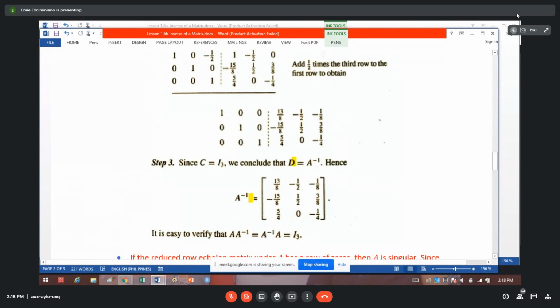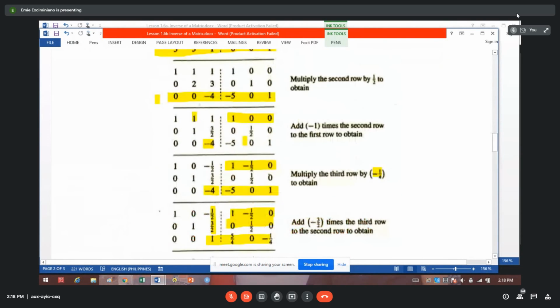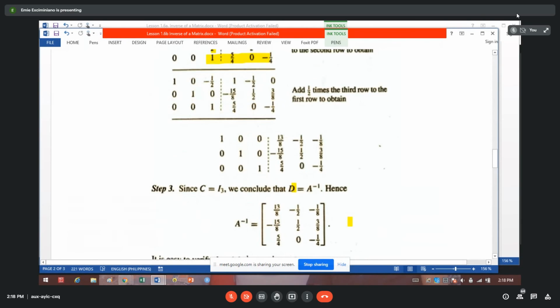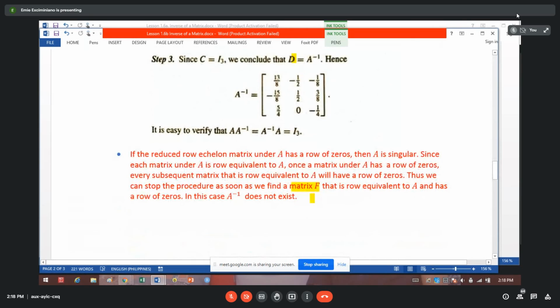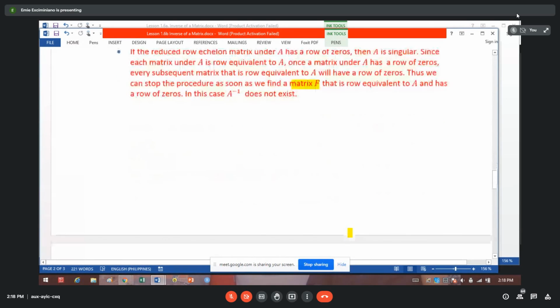So, ang sinasabi lang dito, as you find the inverse, so it's a process of finding the inverse and you found a row of zeros sa C, supposedly C yun, hindi na siya magiging C, it's a matrix F that has a row of zeros, then you stop. Sabihin niya, hindi ka makakakita ng inverse of the given matrix.